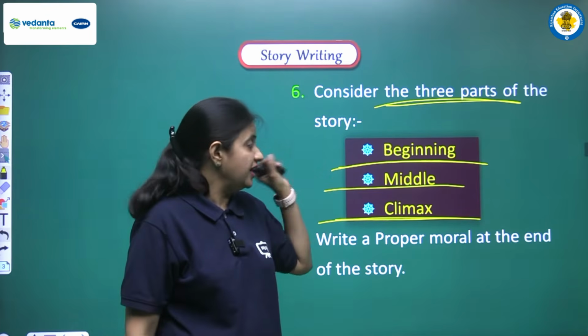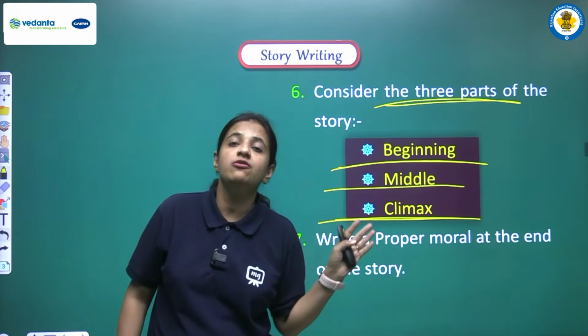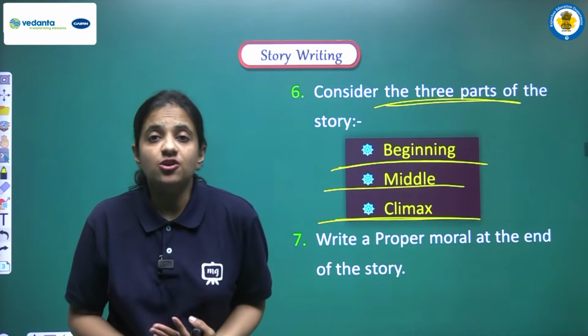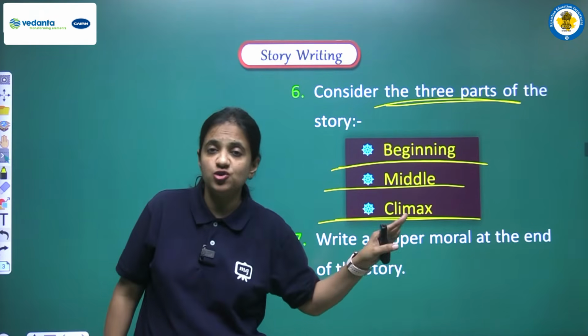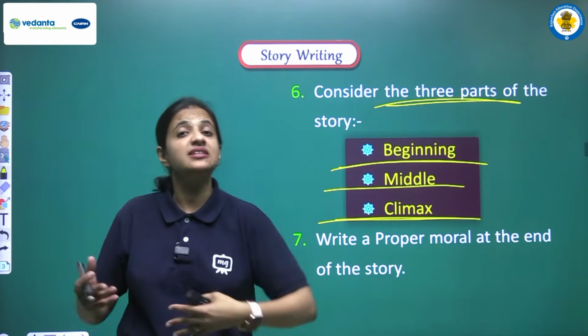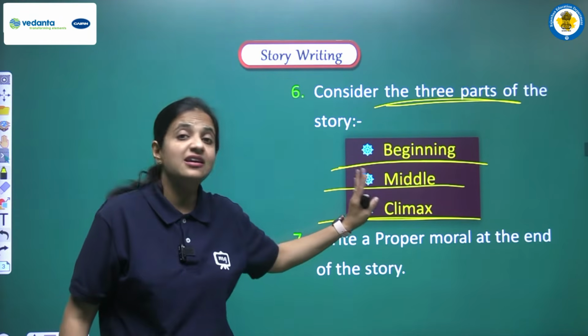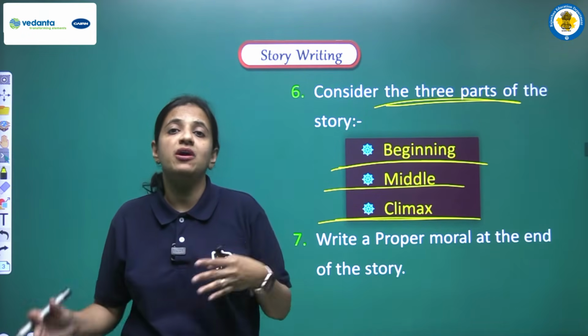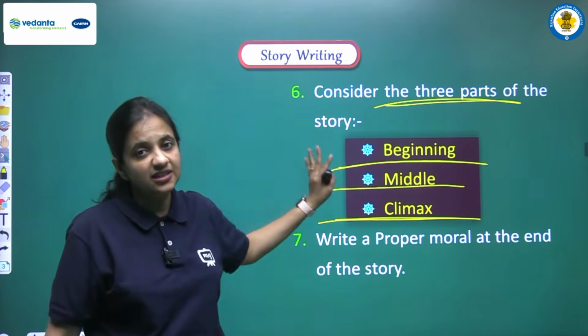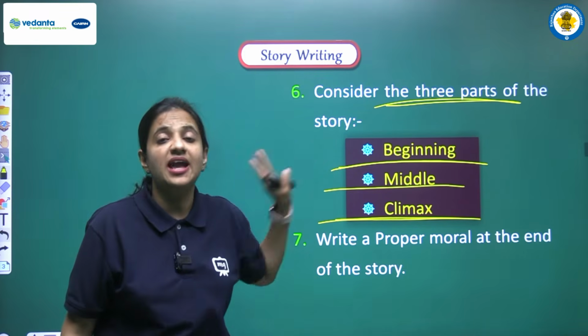Let's try to understand. Beginning means first of all we give the introduction of all the characters, right? Then the middle part comes, in which one problem is there, one situation is there, and finally the climax is there. It means how the story gets a perfect ending. So these are the 3 parts: beginning, middle part and the climax.